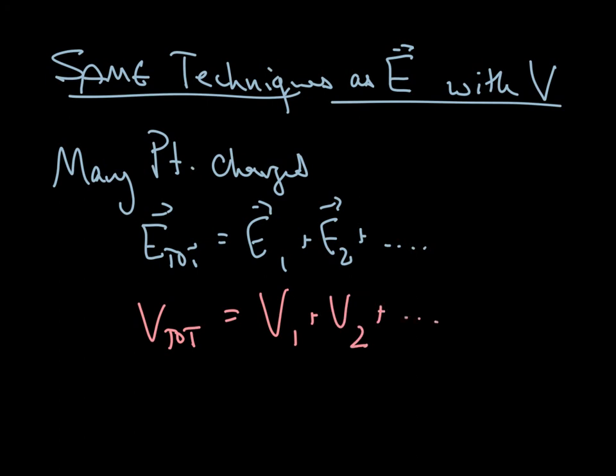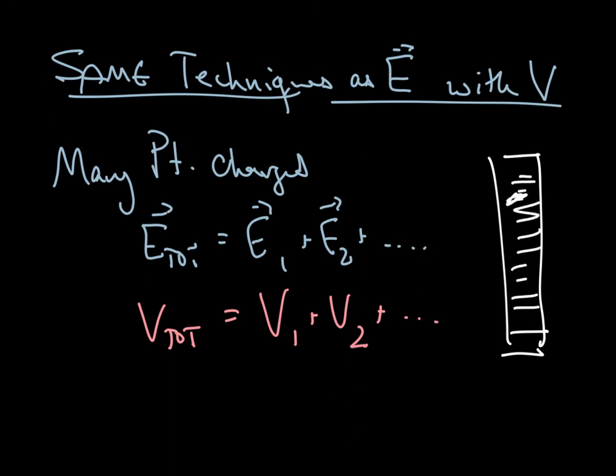And if we have extended objects, something like a rod, what we did is we broke it up into a bunch of pieces, said what's the force due to this piece at this point, the field due to this piece at this point, and added up all the pieces. This was either a sum or an integral.